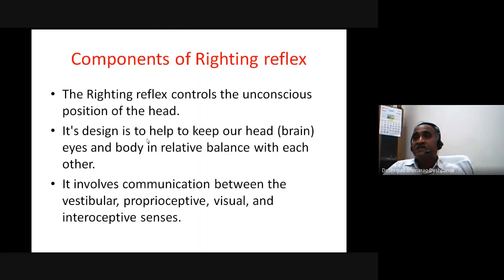The righting reflex controls the unconscious position of the head. So that means the head, eyes, meaning you are focusing, and the body are in a position with each other. That means in alignment with each other. For the alignment, you require a number of inputs from the vestibular system, proprioceptive inputs from the muscles and joints, visual inputs, and internal inputs generated in the brain.